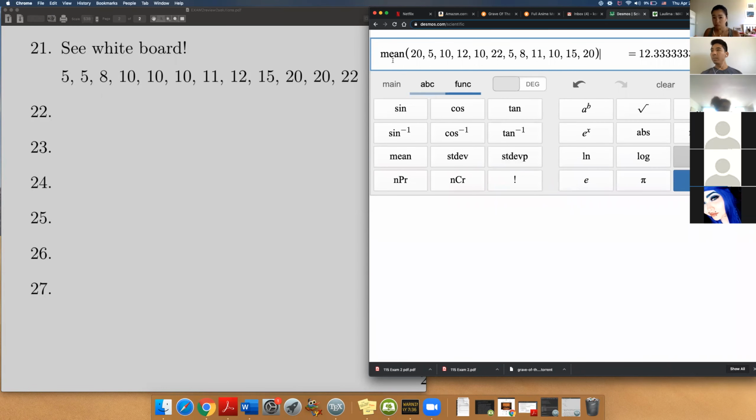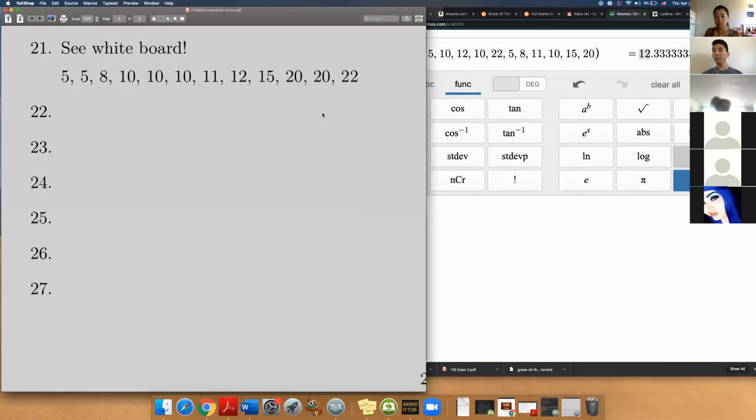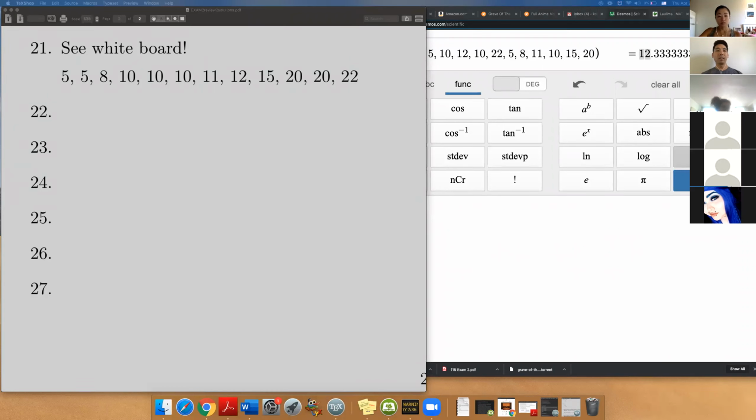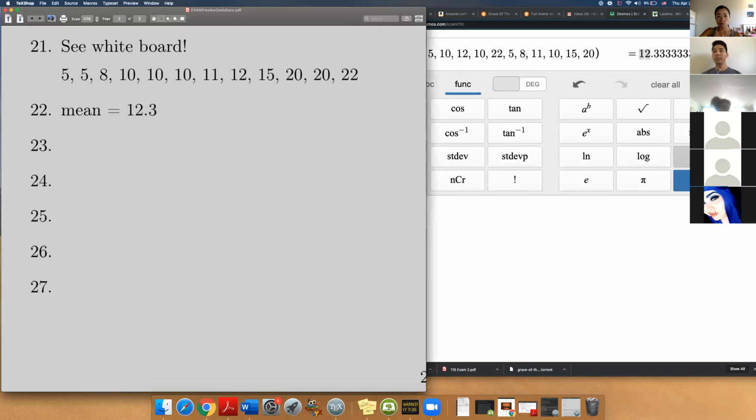We just type in mean for the mean and our values. Hit enter and it pops out. Just to remind you, what does the mean? You just add them all together, divide by how many there are, right? This is what you get. Rounding to the first decimal place for now for everything. So the mean is about 12.3.